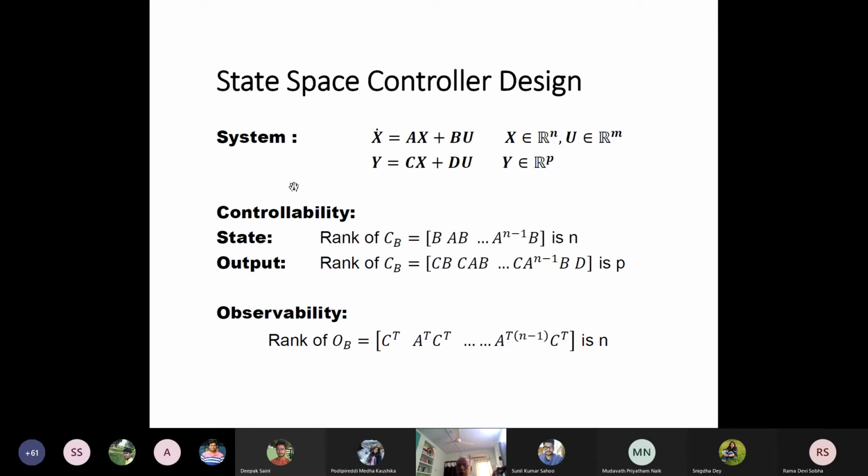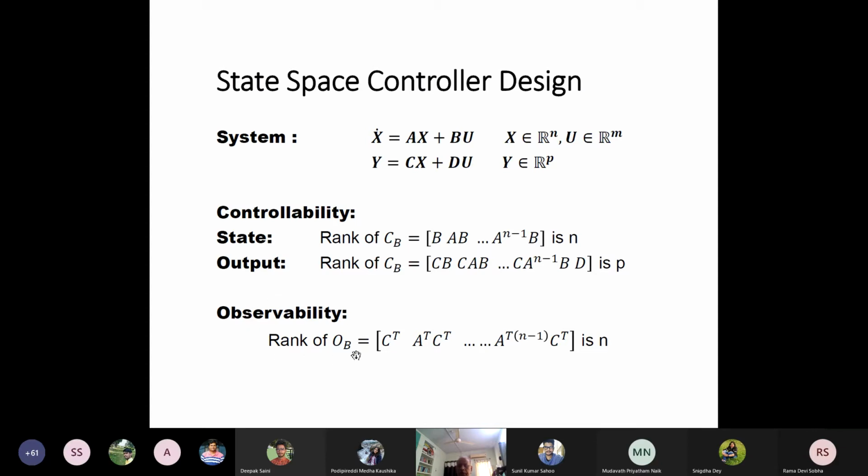Also, we require the observability conditions. Observability conditions basically mean whether we can observe the states based on the output. That means, knowing the output y, whether we can find out the state variable x. That is possible when this observability condition is valid.